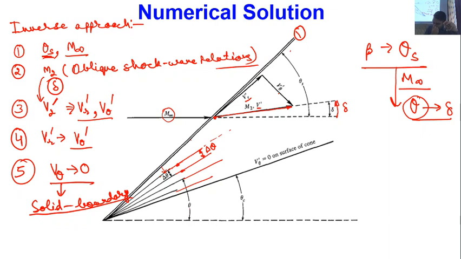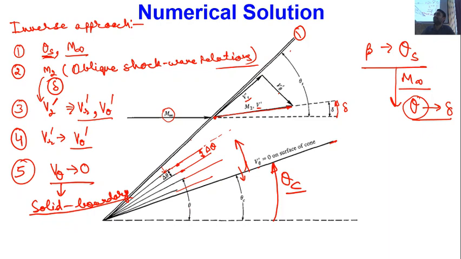Once my V theta is 0, what is the theta direction? This direction. If in this direction there is no velocity, the meaning is the boundary is impermeable. That will be the case only if I have a solid object over there. So when my V theta dash becomes 0, it means I have reached the surface of the cone, and that will give me the value of theta c.